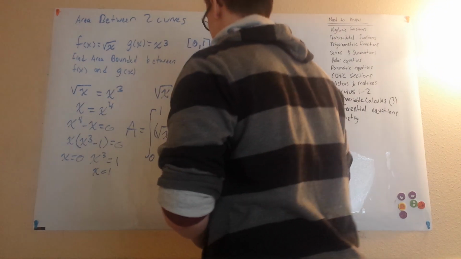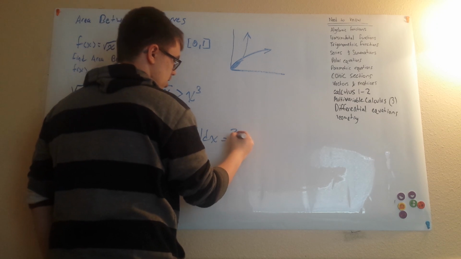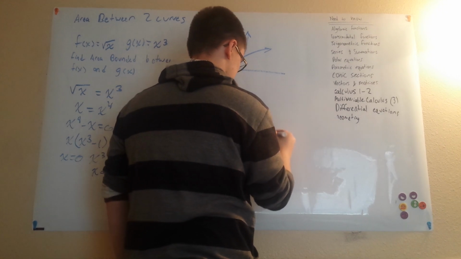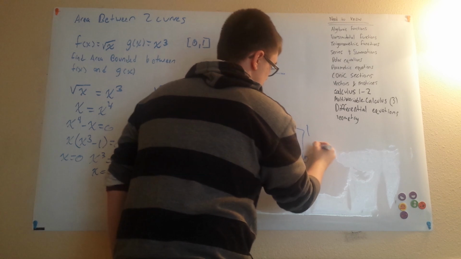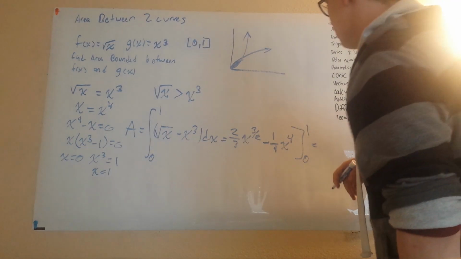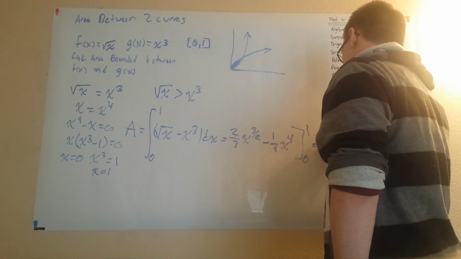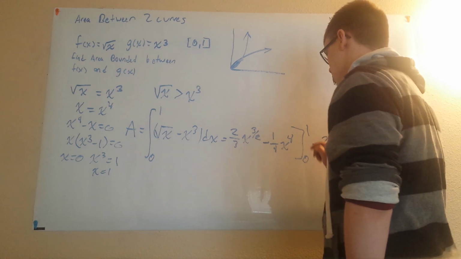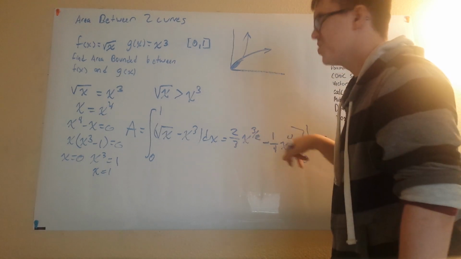This is going to be 2/3 x to the 3/2 minus 1/4 x to the 4th from 0 to 1. If we plug in 1, we get 2/3 minus 1/4. And if we plug in 0, we get 0 minus 0.